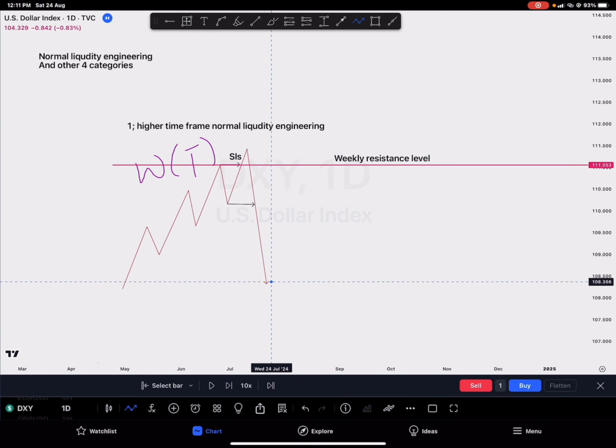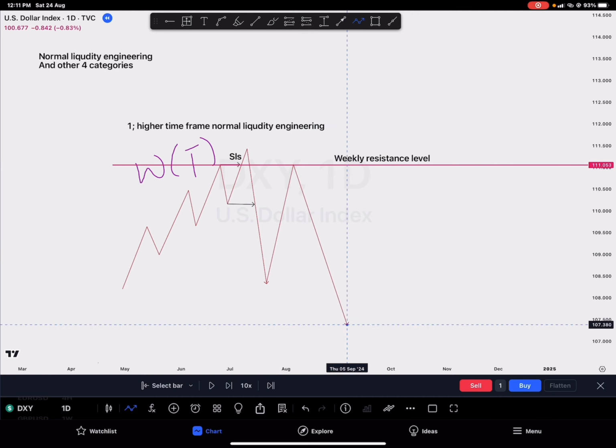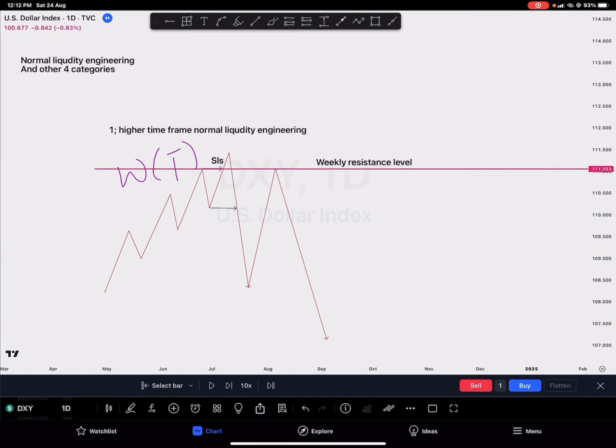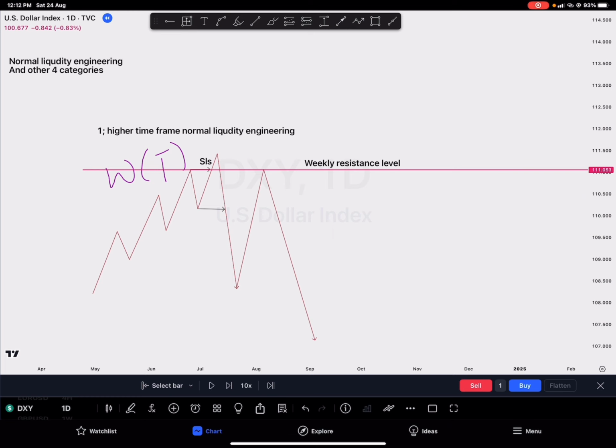What we have to do is wait for price to come and test that resistance level and take our sales accordingly. The higher time frame normal liquidity engineering is referred to as an aggressive entry.